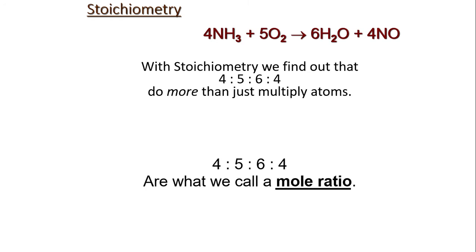So with stoichiometry, we find out that there is a ratio that we can find. So we have 4:5 is to 6 is to 4. So it means that if we add 4 moles of NH3 plus 5 moles of oxygen, we can produce 6 moles of water and 4 moles of NO. So this is what we call the mole ratio.